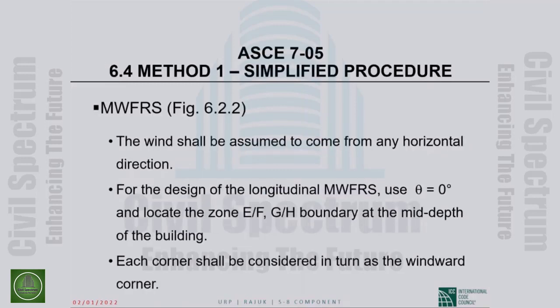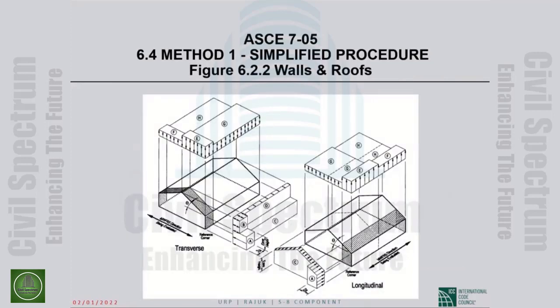The net value is given. Wind shall be assumed to come from any horizontal direction. For the design of the longitudinal main wind force resisting system, use theta of 0 degrees, and I'll show you each. So this is how this thing works.